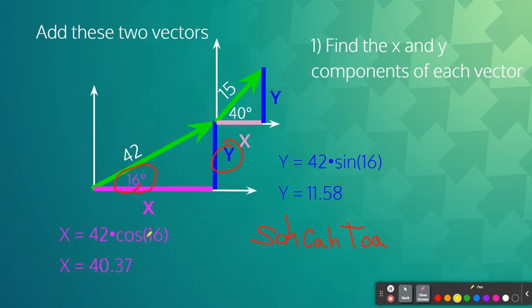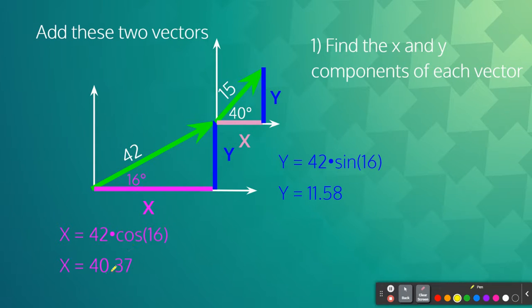I know that I need to use cosine for the x direction because if this is my angle, then this is adjacent, so I'm going to use adjacent. And the hypotenuse is the number that I have, so I need hypotenuse as well. That means I'm going to use cosine for that. If you need more help with the triangle thing, go back to the math videos and take a look at those.